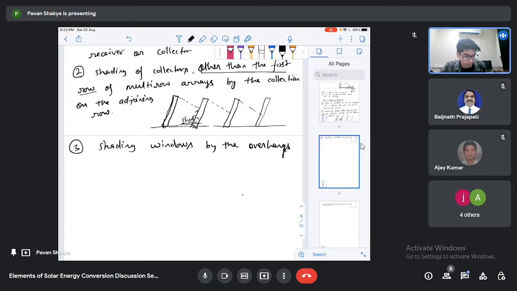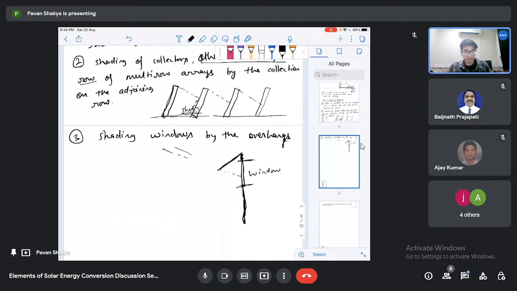Suppose this is a wall, and on this wall this is a window placed in between, and there is an overhang. Then if the light is coming like this, there will be shading on this window. So this is the third type of problem you have to see in this course.